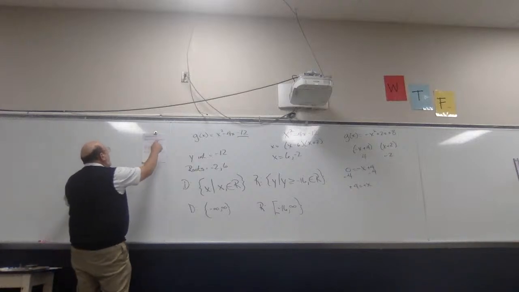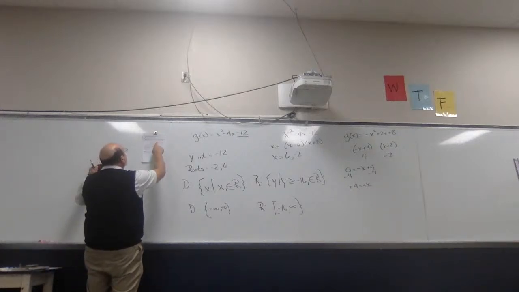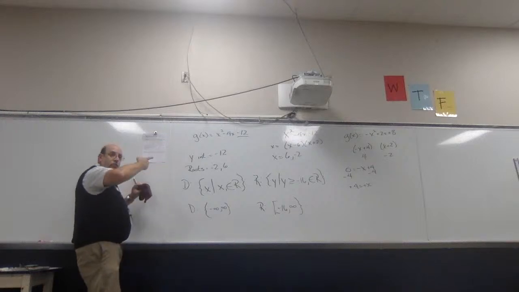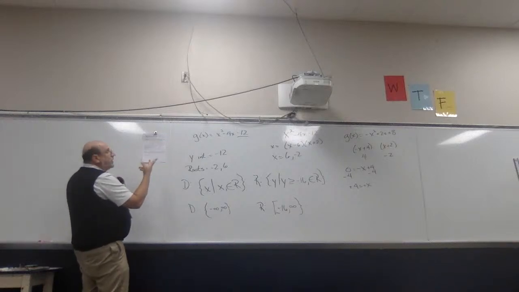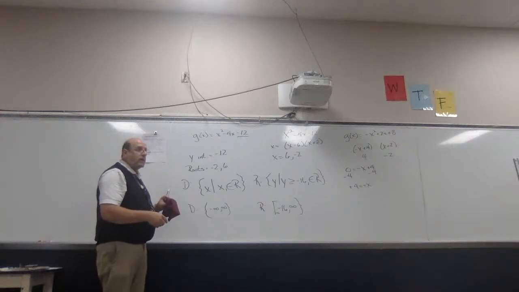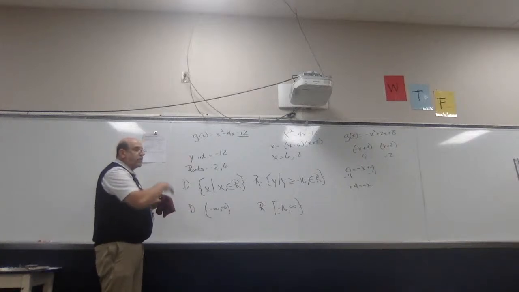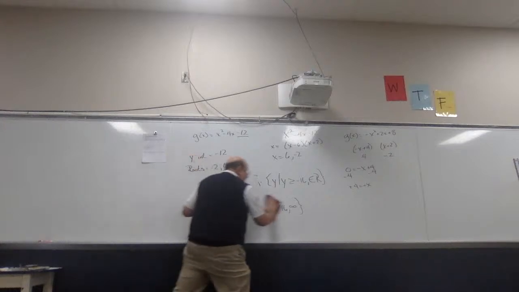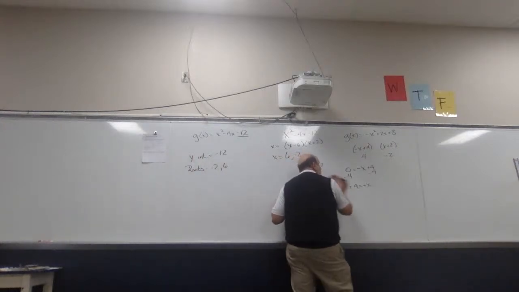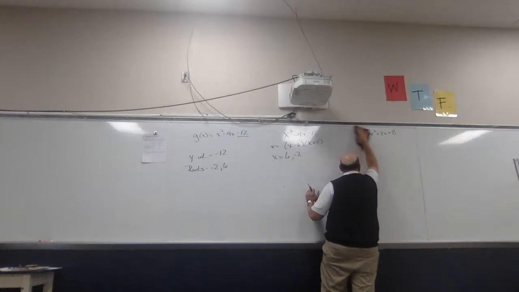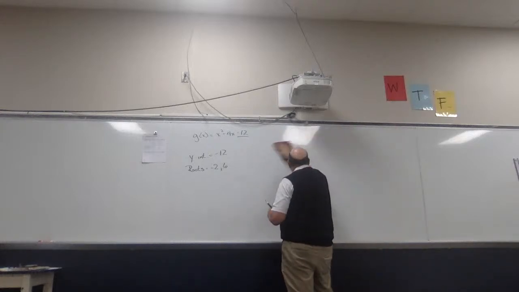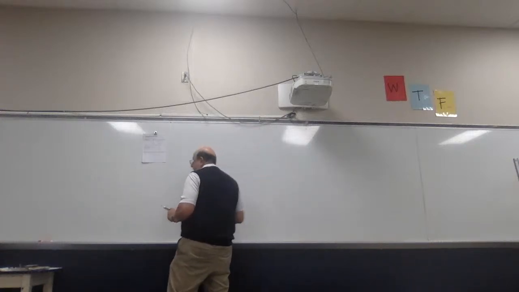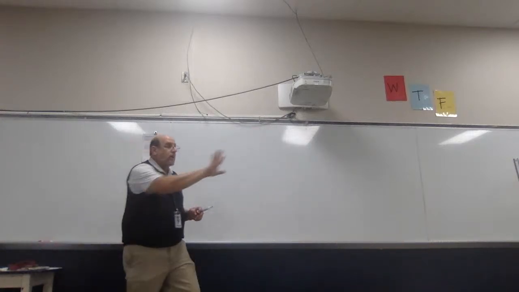If you replace y with negative y, and you produce an equivalent equation, then it's reflective over the x-axis, right? Which means you can fold it up along the x-axis and get the same thing. So if we're talking about reflecting over the x-axis, we don't have a function, by the way.